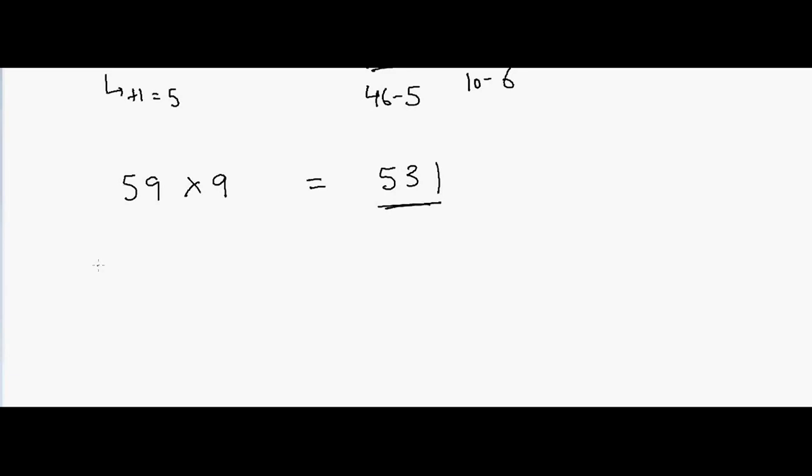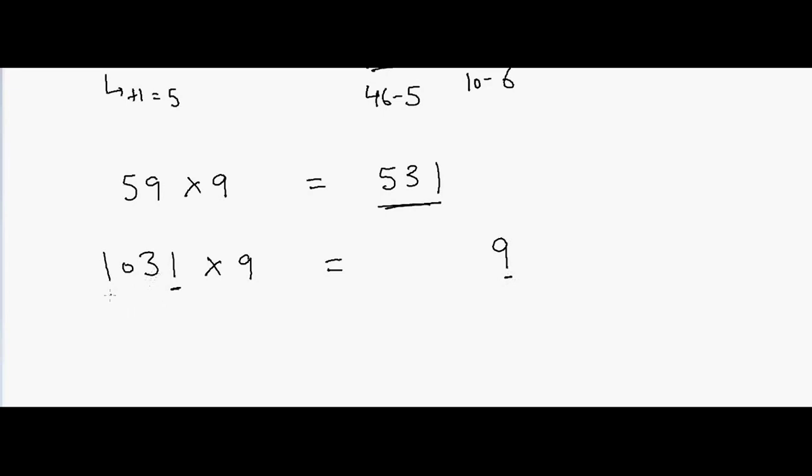Now this formula will also apply for very large numbers. So suppose I have 1031 and I want to multiply by 9, right? So let's see. First I'll take the 1. So 10 minus 1 is 9, so the last digit would be 9.